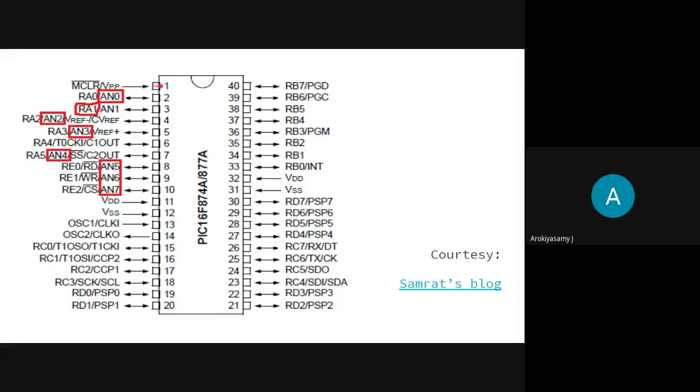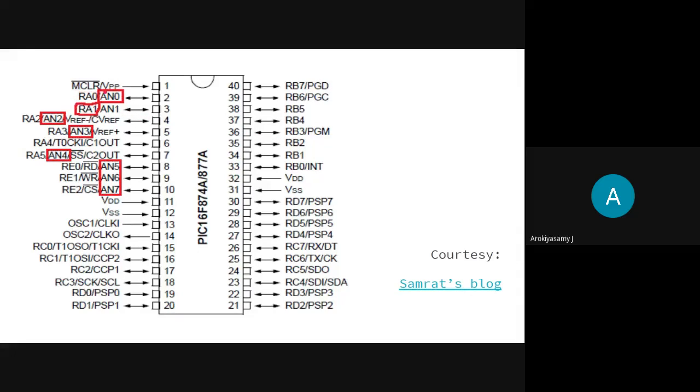The same line, pin number 1, is also used for master clear. Master clear means it is similar to reset. All the internal registers are cleared, brought to the beginning state. Not only this microcontroller, anything which is connected with the microcontroller is also cleared.